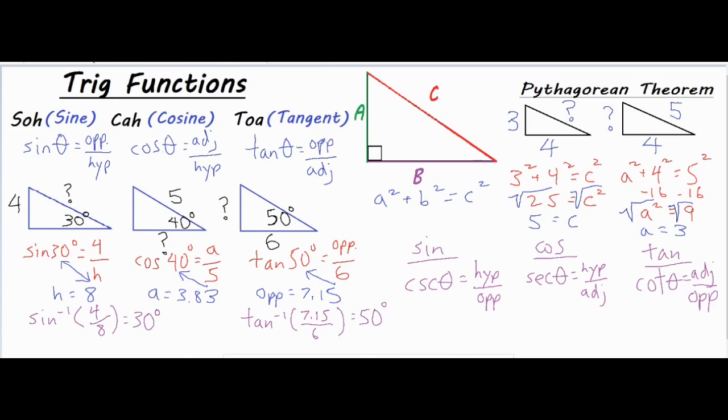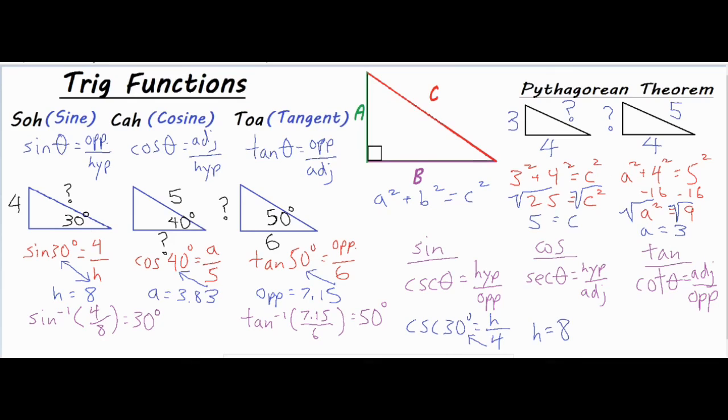So say, for example, if I wanted to grab the angle of 30 degrees and I was looking for the hypotenuse over here, as the original problem was, I would say the cosecant of 30 degrees equals, and then the hypotenuse is my unknown, so I'll write h on the top, and then the opposite side of that 30 degrees is 4. So then I would cross multiply the 4 over, and then 4 times cosecant of 30 would give me an h of 8. Okay, so it's very similar to this.